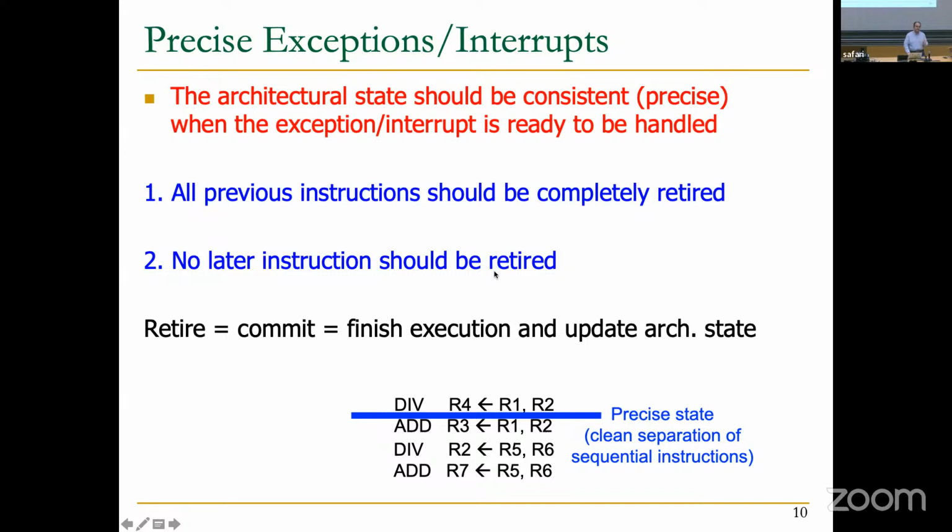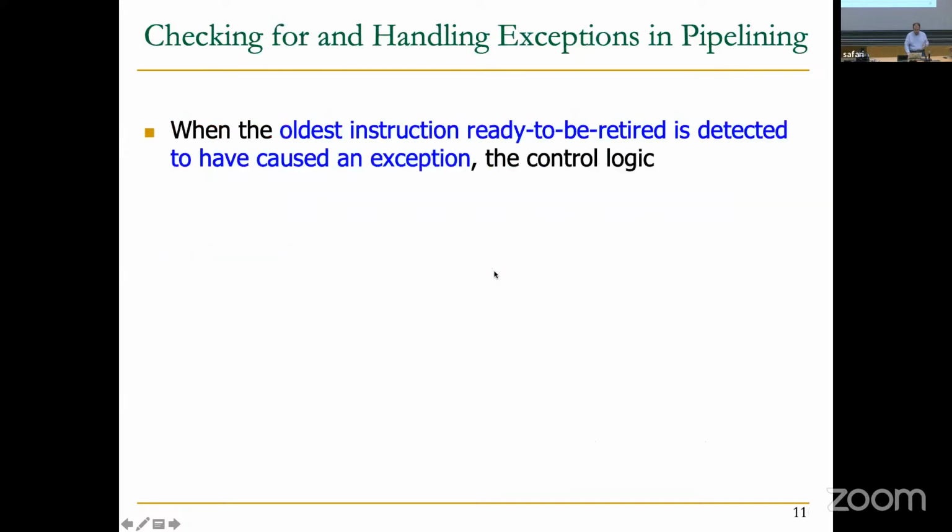In a single cycle processor or pipeline, this is really easy to implement, because you have instruction-based scheduling, like single cycle scheduling. So you always know per cycle which instructions are in the pipeline. But when you have multi-cycle execution, you need to be more careful about how to handle it.